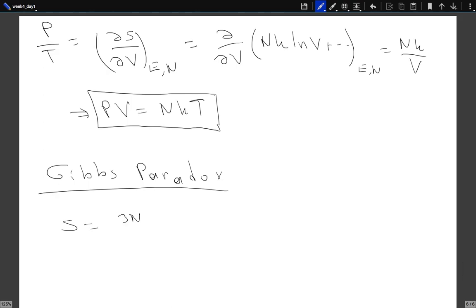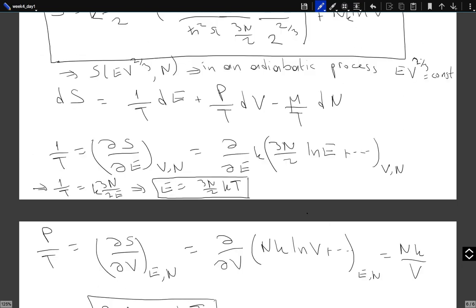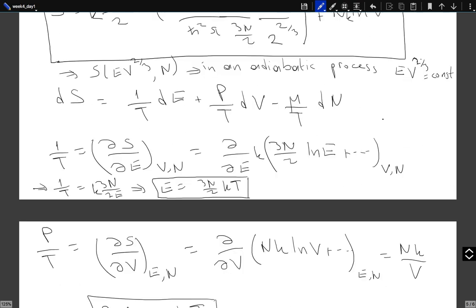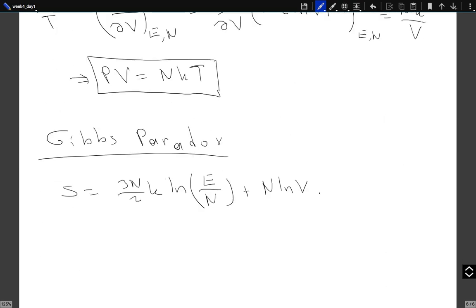S is 3n over 2 k times logarithm of E over n plus n times logarithm of V. There's E over n times k times logarithm of V over here plus n times, let me just put c.